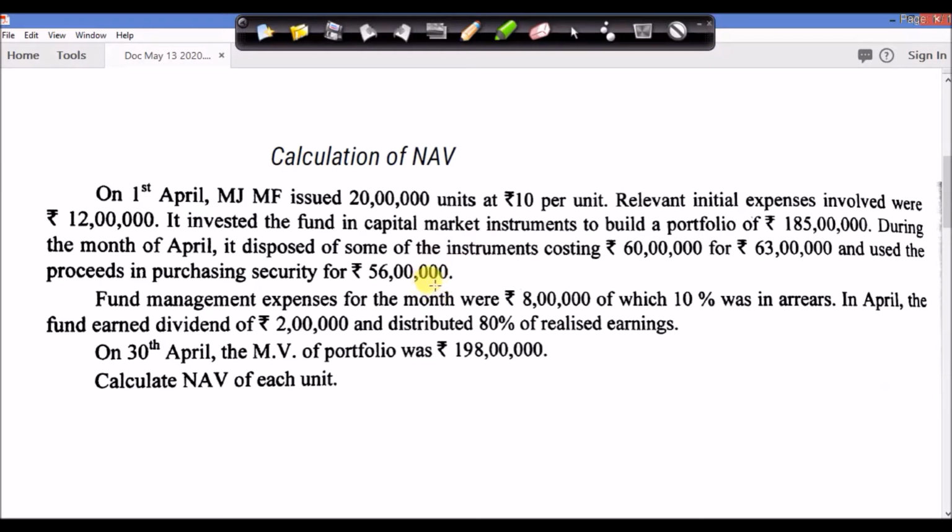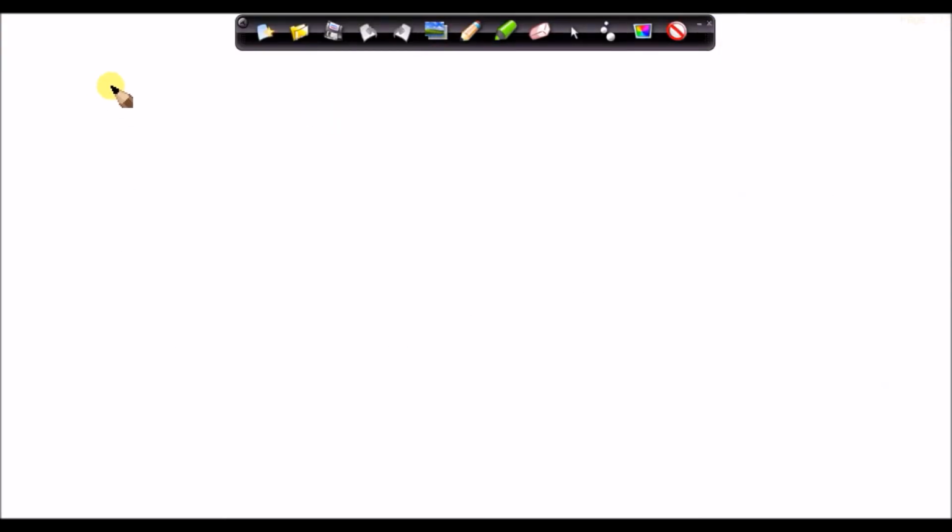So first I am going to find the closing cash balance of the fund. We have an opening cash balance, which we are going to find out.